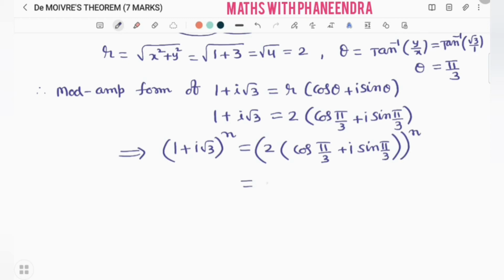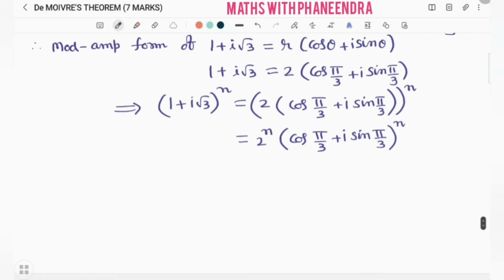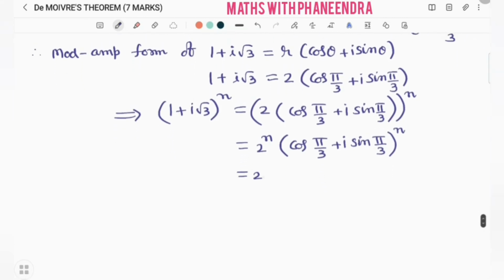Which is equal to 2 power n. AB whole power n means A power n into B power n. Cos pi by 3 plus i sin pi by 3 whole power n, which is equal to 2 power n.